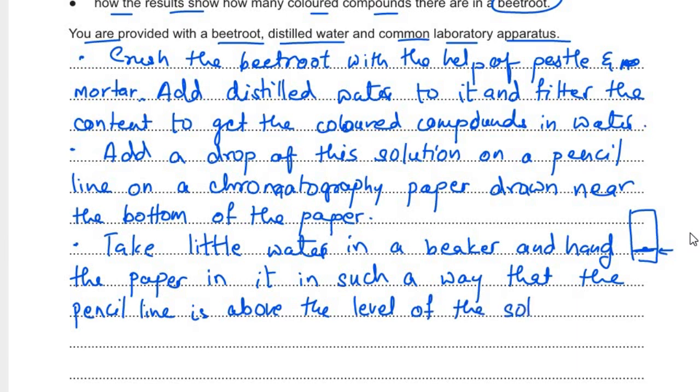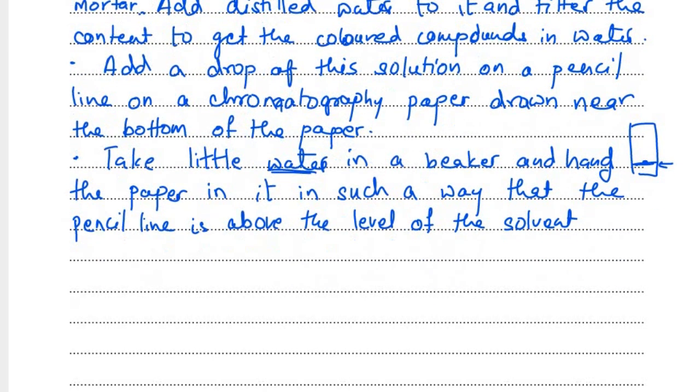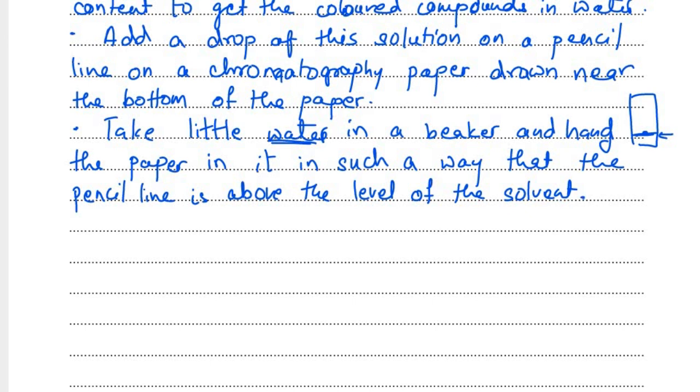Now what solvent have we taken? Above the level of the water, because we have taken water as a solvent. This is the third point we are going to mention.